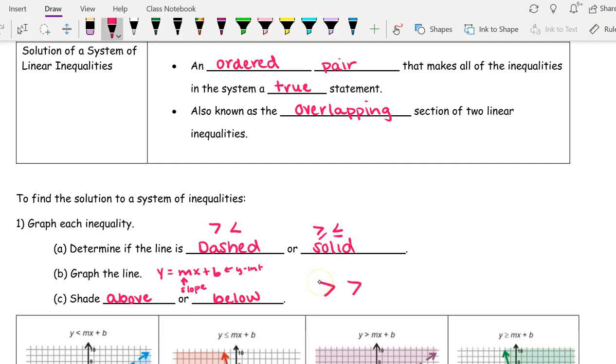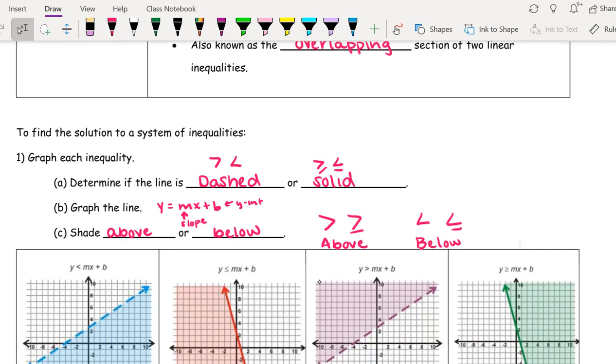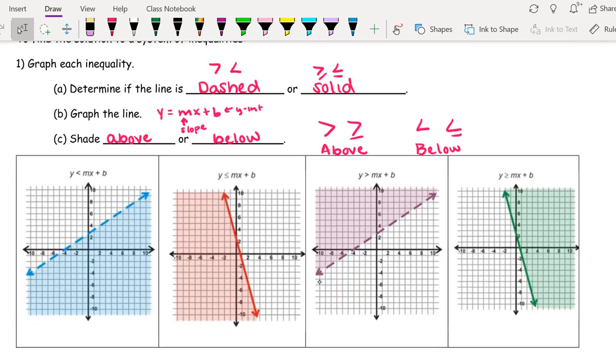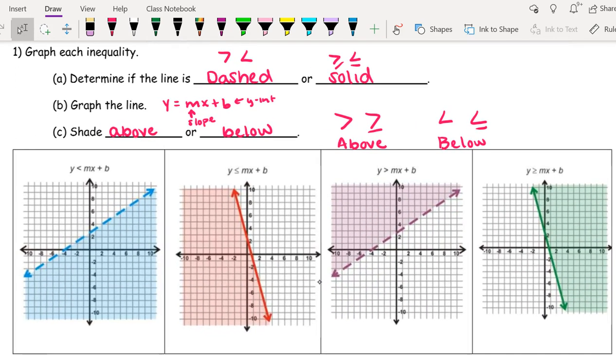Remember, above is our greater than symbols, and below is our less than symbols. So if we put that all together, here are your examples. Notice how we have a less than, less is below.